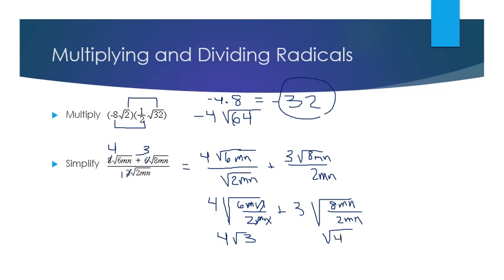The square root of 4 is 2, and I multiply that by the 3 that I already have, and I get 6. So simplified, this would equal 4 root 3 plus 6. All right.